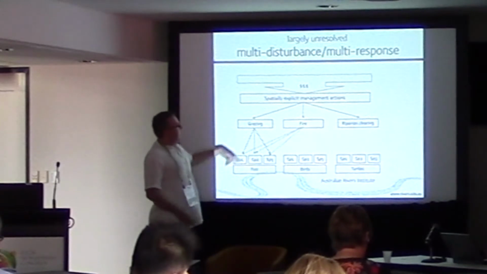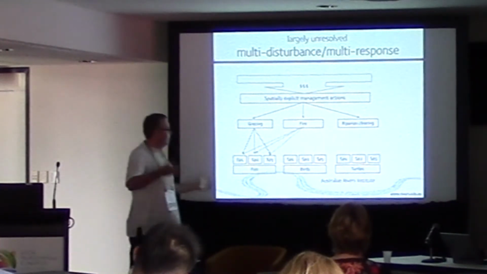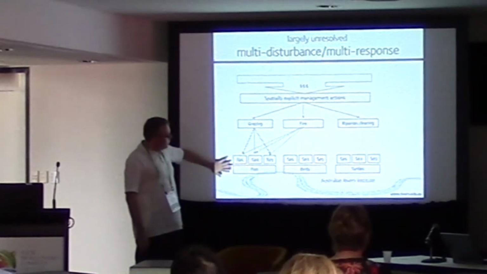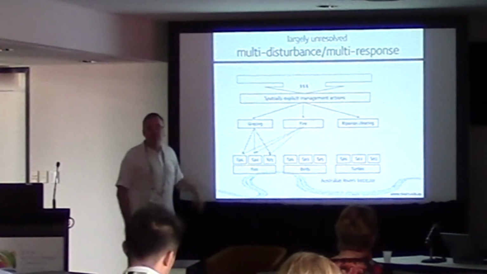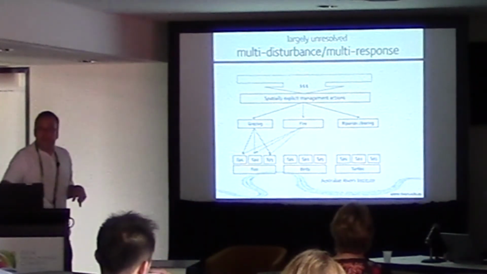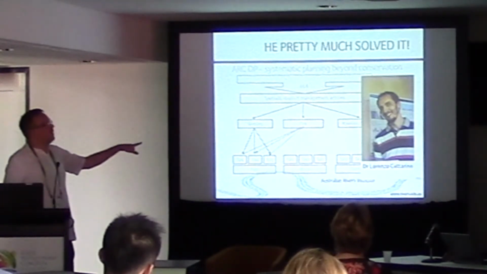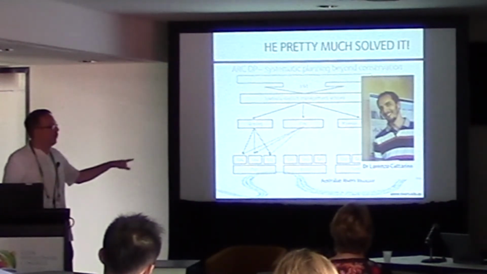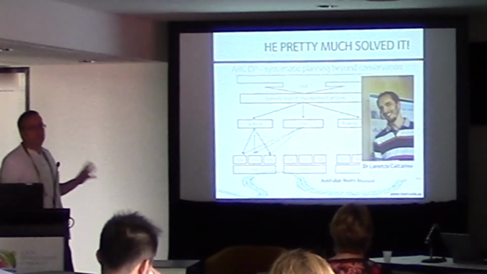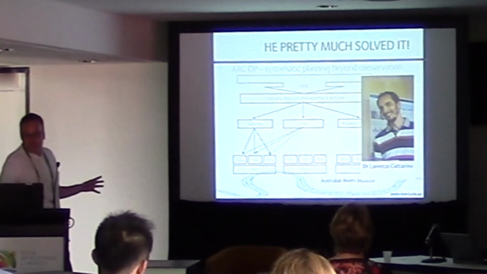With those, I can remediate all kinds of threats, grazing, fire, repairing, clearing, stuff like that, and then I will plan for direct benefits to all kinds of biota. When I say it's largely unresolved, unfortunately Lorenz is not here, otherwise I would embarrass him, but one of our colleagues pretty much solved it. We will report on that soon. He found one way of solving that, but I think that is really where major work should happen in the next little while.